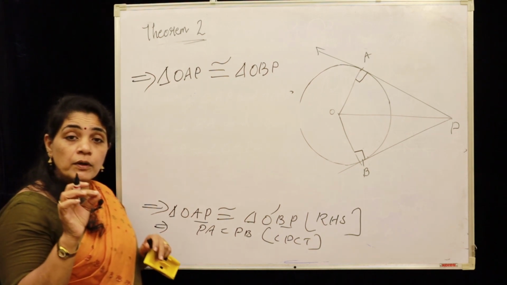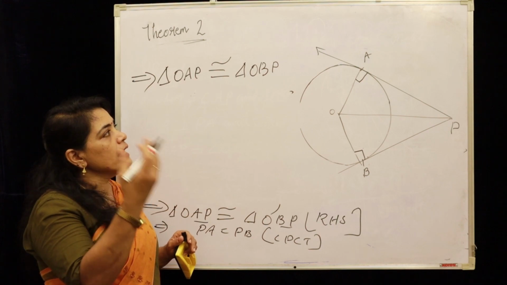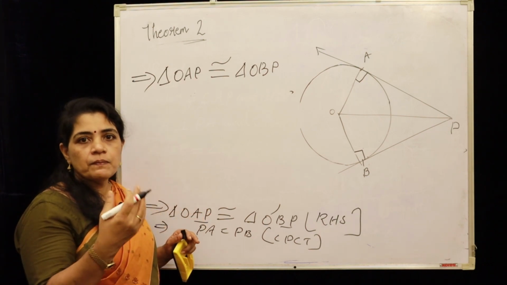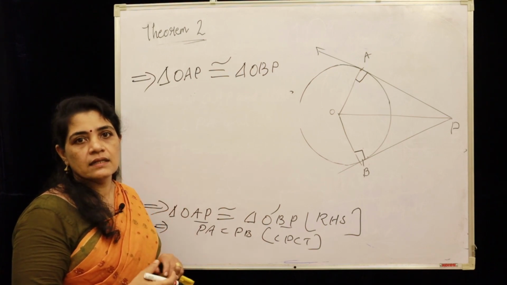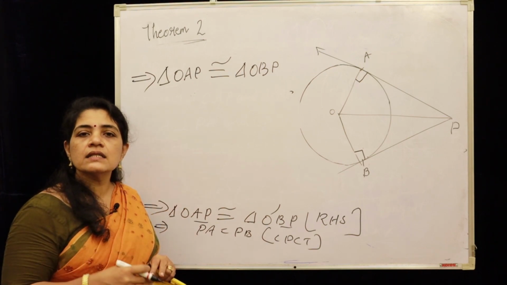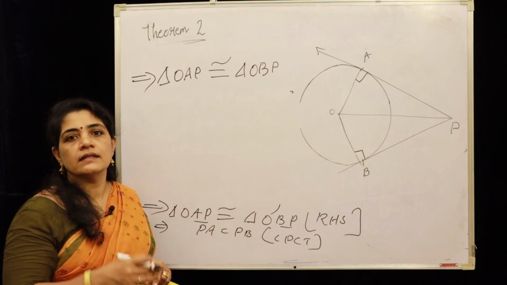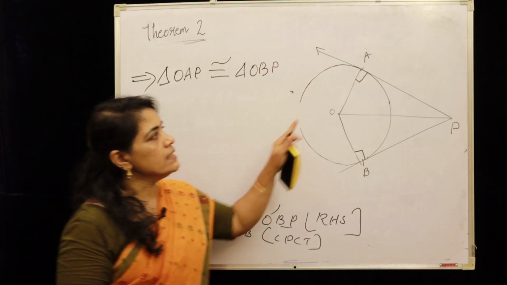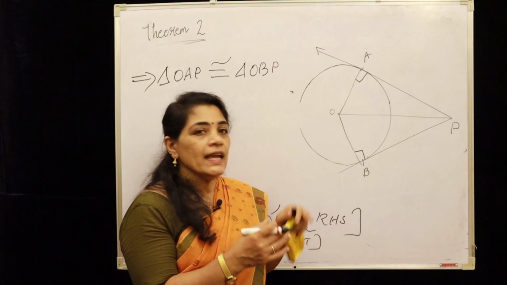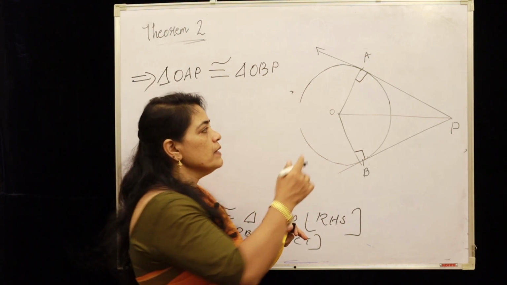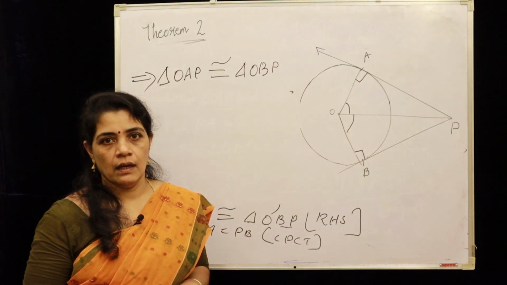In theorem number 2, since we need PA equal to PB, they are equal because of CPCT. And the result is this: these tangents are equally inclined at the center. Tangents PA and PB are equally inclined, that means these two angles are equal.